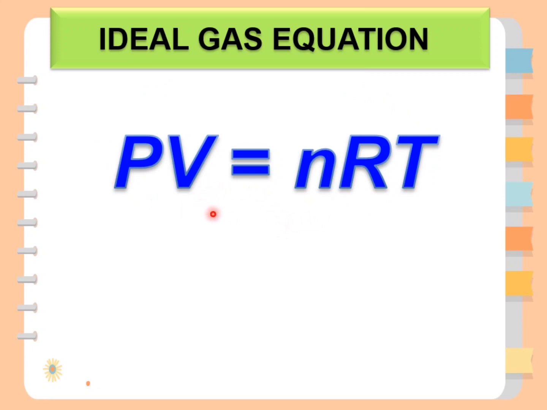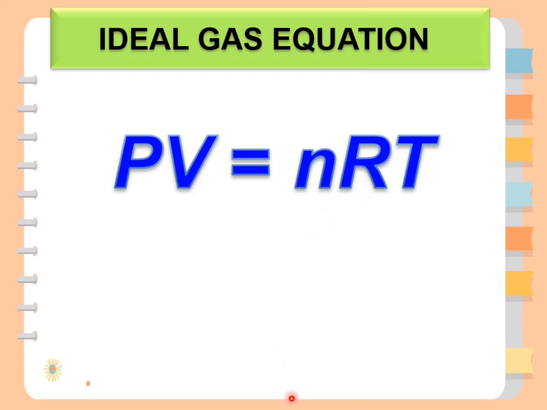Before you use this formula in the calculation, you need to know what is P, V, n, R and T. Awak semua sepatutnya dah tahulah. P stands for pressure, V stands for volume, n refers to the number of mole, T refers to the temperature. But R is the universal gas constant. Later, we will discuss more about this universal gas constant.